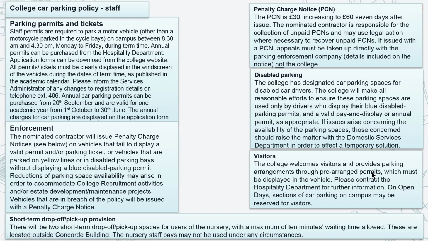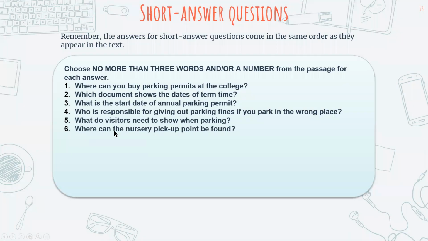So the answer is pre-arranged permits, okay? If the question asks you to write only one word and a number, it could be permits, but it says 3 words. Actually, these are 2 words, pre-arranged permits, okay? Or it could be just permits.